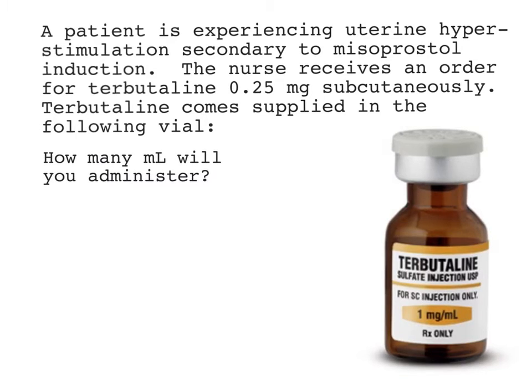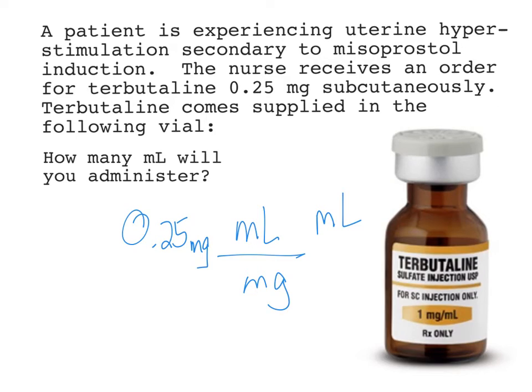Okay, so let's kind of work this out. We want mLs. We're starting where we hope to finish. What we have is 1 milligram per ml. We want mLs on the top, so let's put 1 ml over 1 milligram. And our dose is 0.25 milligrams over nothing.